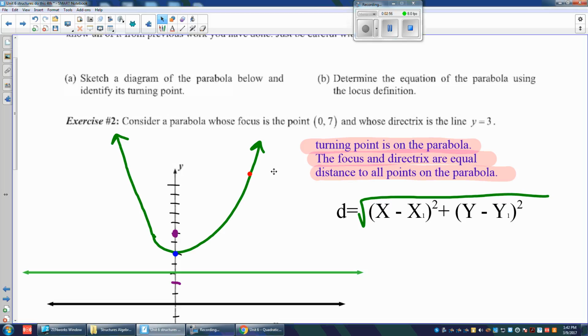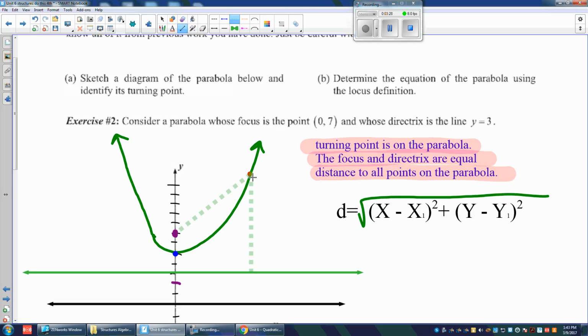What do I know? I know that if I take the distance from the parabola, that point, and go to the focus, it has to be exactly the same distance as that from the point to the directrix. The point to the focus has to be the same as the point to the directrix. Okay.